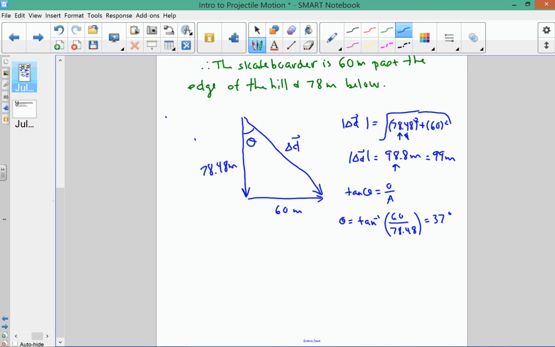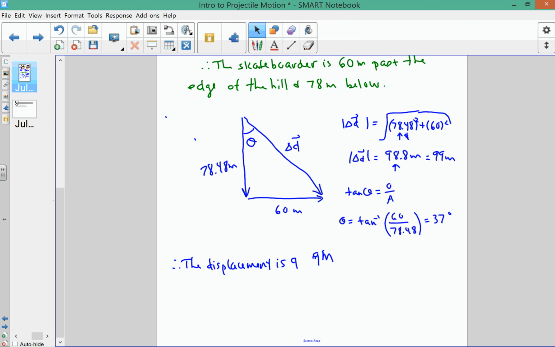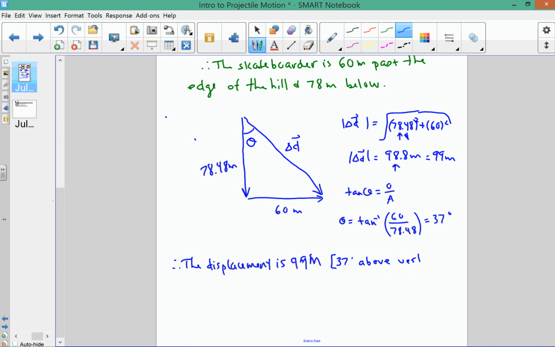So now I just have to describe the displacement and the orientation. So therefore, the displacement is 99 meters. And here's how I'm going to describe the orientation: 37 degrees above vertical.